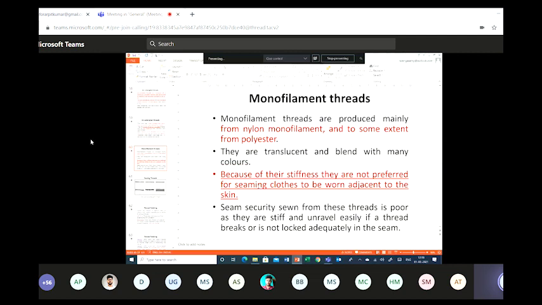That will prick your skin. So generally, these nylon monofilament threads should not be used for apparels, especially for intimate apparels. Seam security is very poor because they don't have the surface loops, and they easily unravel if the thread breaks or is not locked adequately in the seam.